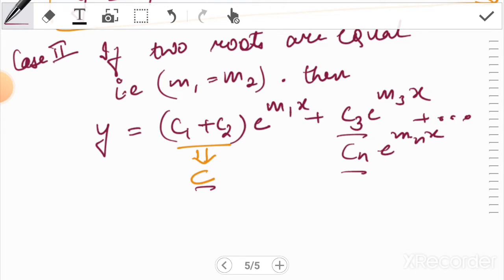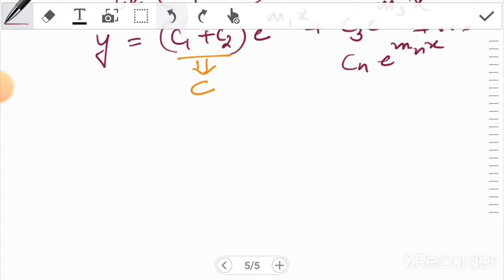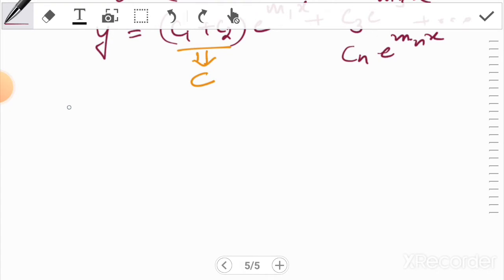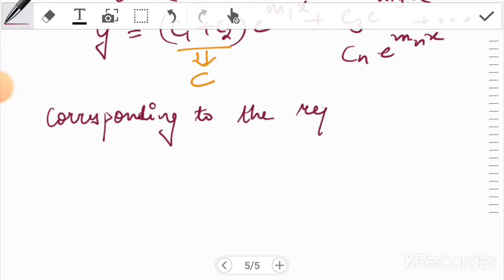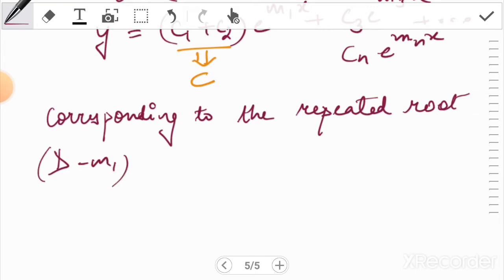So in this case we proceed as follows. The part of the complete solution corresponding to the repeated root is the complete solution of (D minus m1)^2 y is equal to 0.